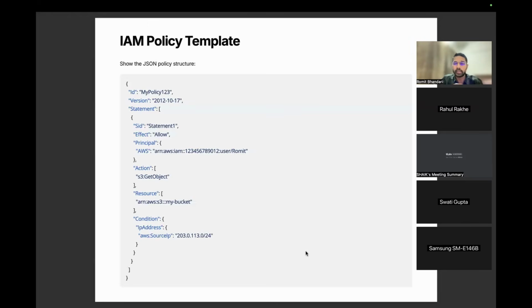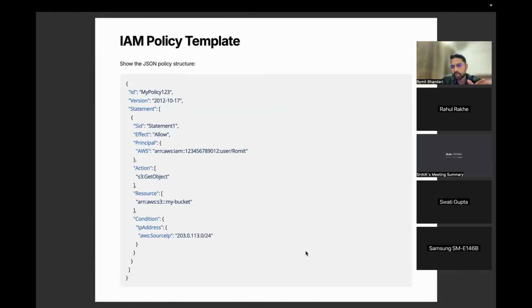So depending on the action you want to do, you would have the action here. And obviously you can have a star if you want. We all know star is an abbreviation for all, right? So if you give S3 star, it means anything on S3 you can do, as an action.